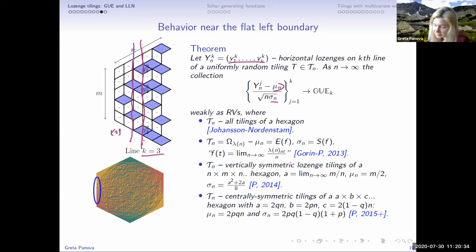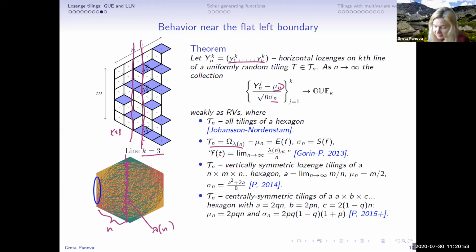And then we have this region that I was saying was parameterized by the positions of the horizontal lozenges at a vertical line. So say that this is n here, and this is lambda of n.